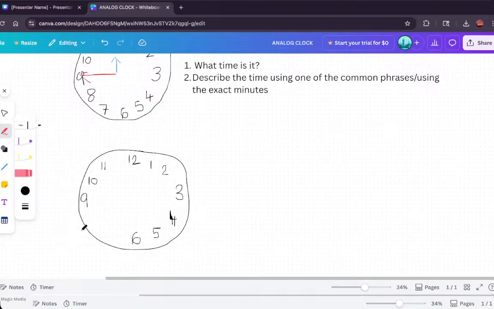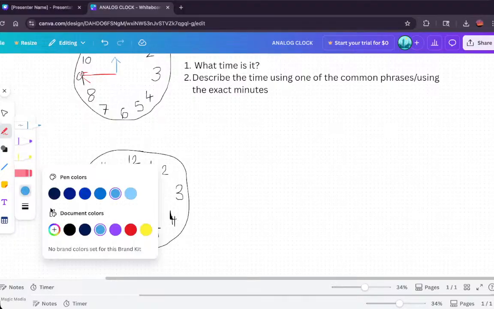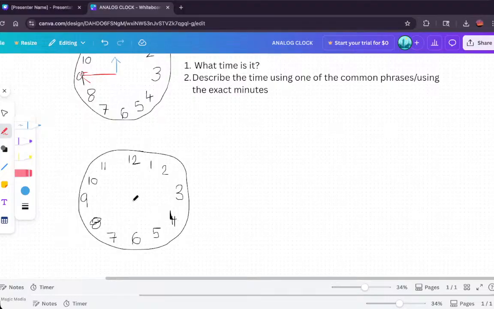That's 4. Okay. 7, 8. Okay. One last clock. Here, this one will be a little more tricky.